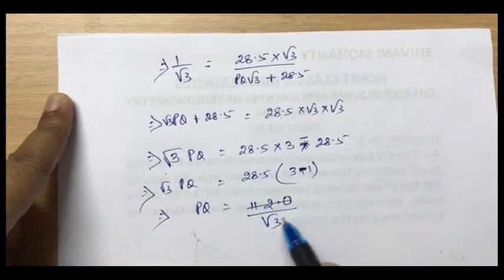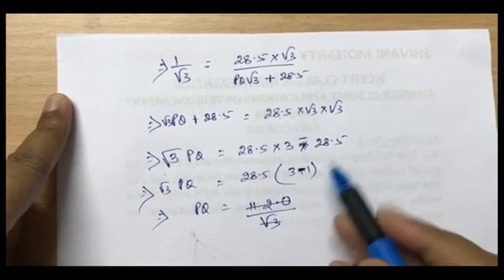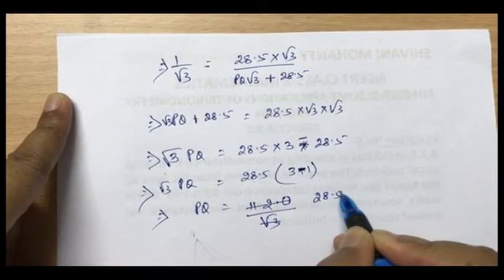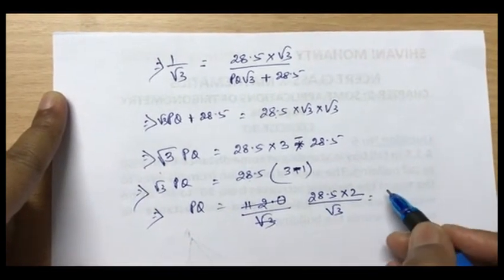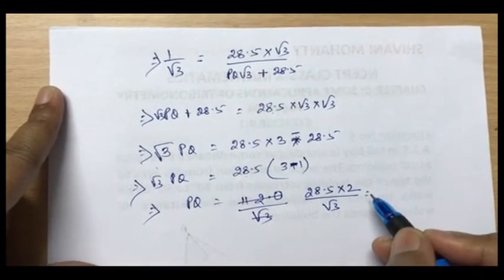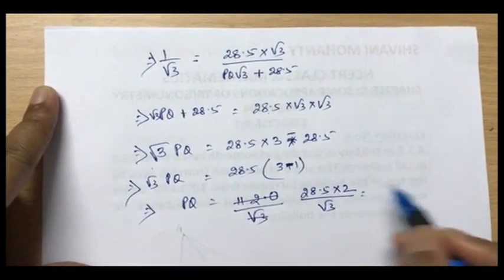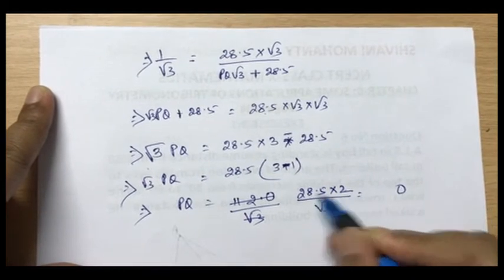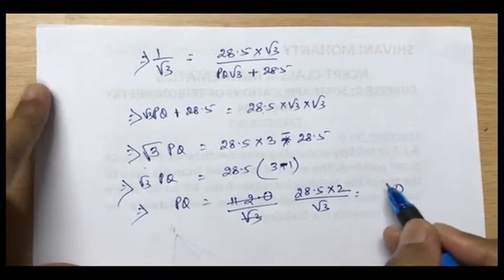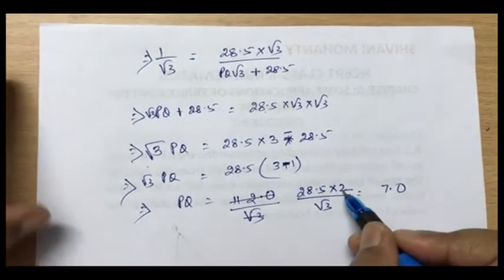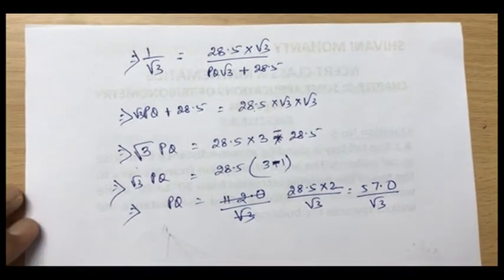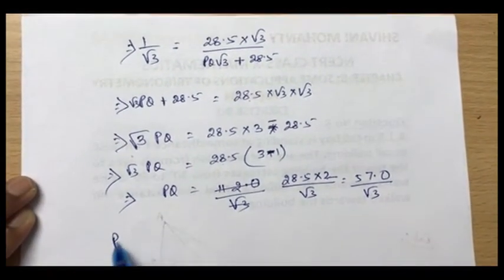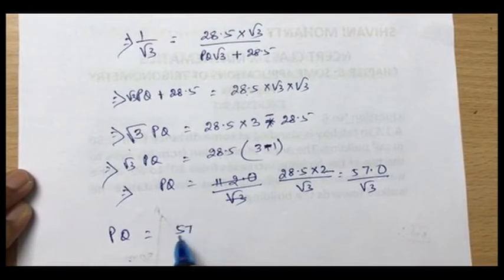So this was wrong. So it is 28.5 into 2 by root 3. What is 28.5 into 2? 8 2s are 16, plus 1, 17, 7 carry 1, 2 2s are 4, plus 1, 5. So now you have got PQ is equal to 57 by root 3 meter.